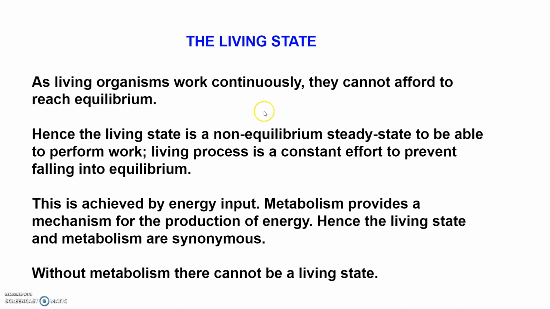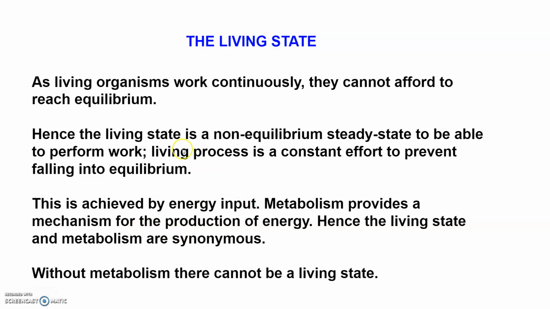The living state. Living organisms work continuously and they cannot afford to reach an equilibrium. If they reach an equilibrium, then their state will become stable. So the living state is a non-equilibrium state which is able to perform work, and living processes are a constant effort to prevent equilibrium. If they come to an equilibrium, then there will be a steady state, with no change happening.